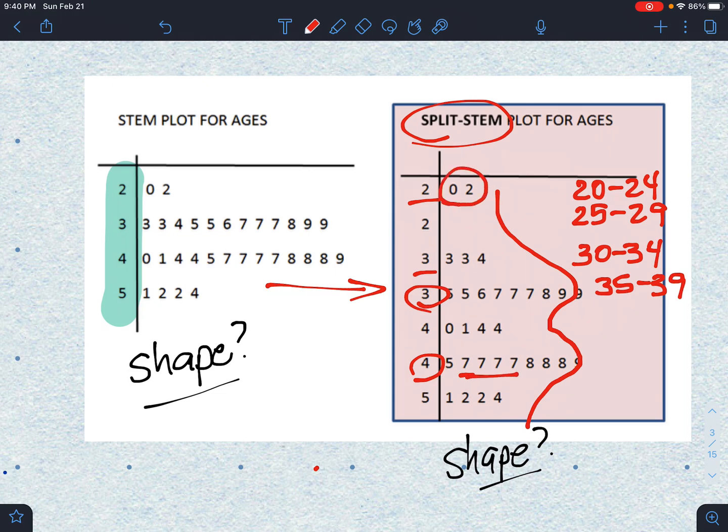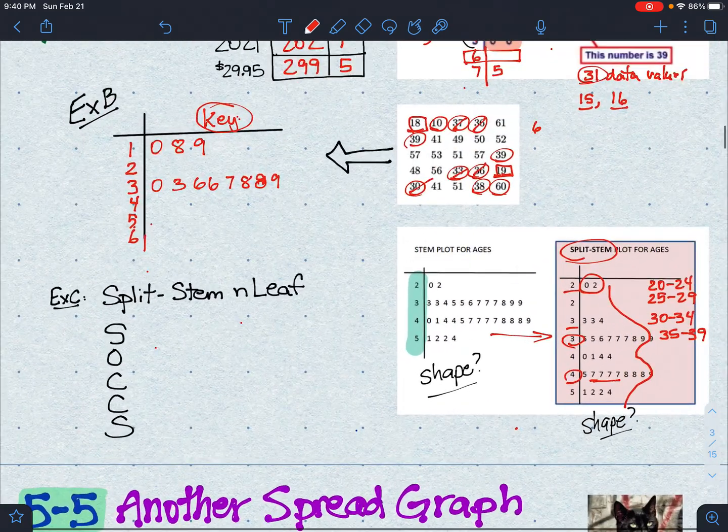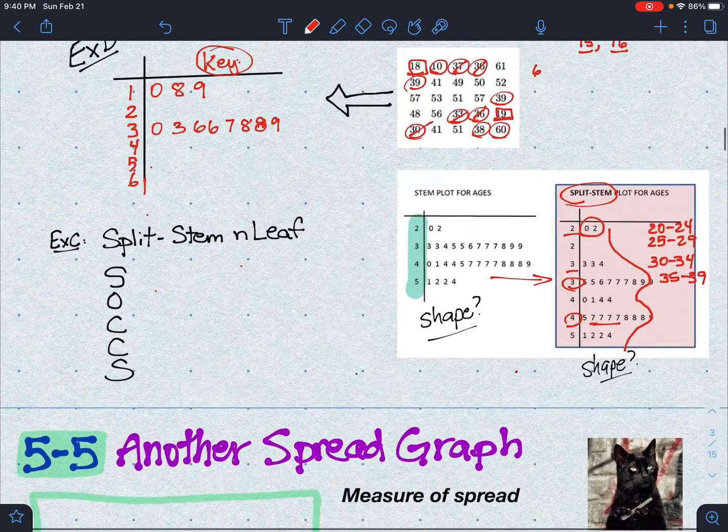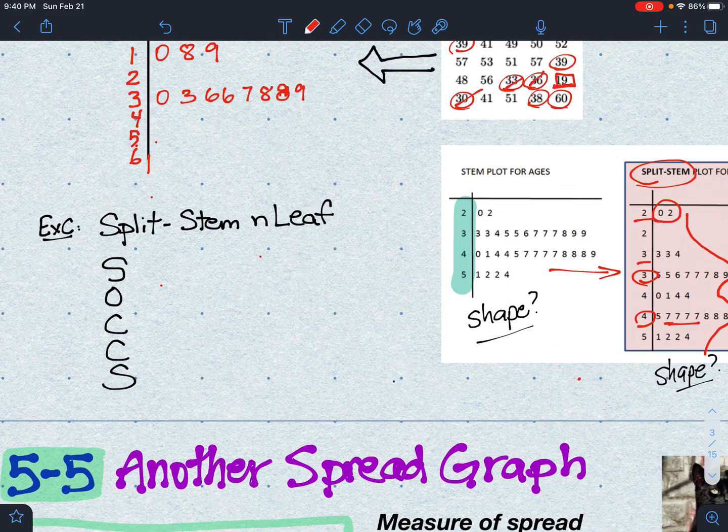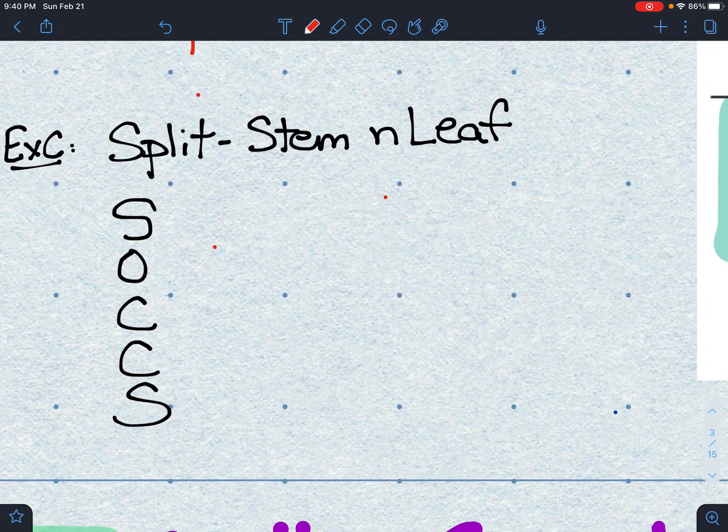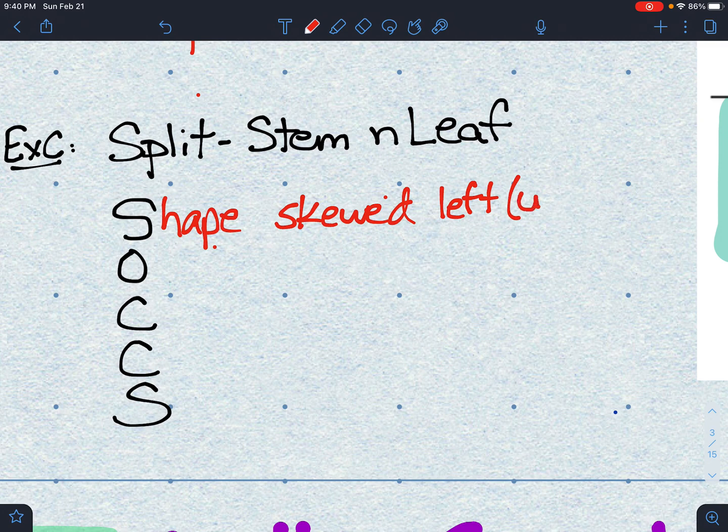This might be an outlier. We'd have to do some analysis. I don't think it is, but it could be. So I would say this is skewed. The shape of the data is skewed to the left, or in this case, we can think of it as up to the smaller values.